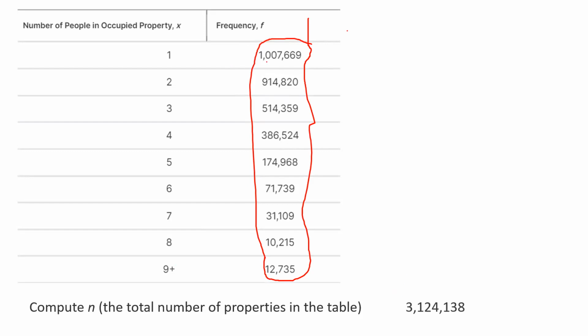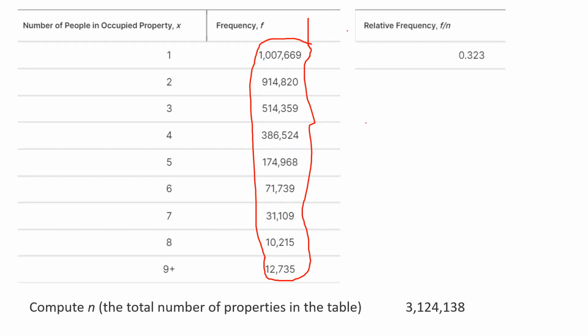It happens that if you add 1,914,820 and the rest of these numbers, it adds up to 3,124,138. So the team of statisticians collected data by going to 3 million properties.